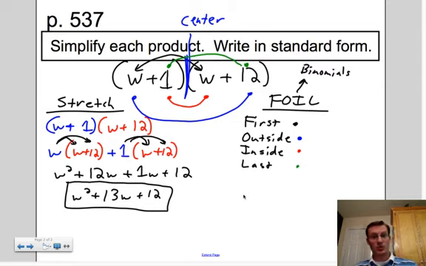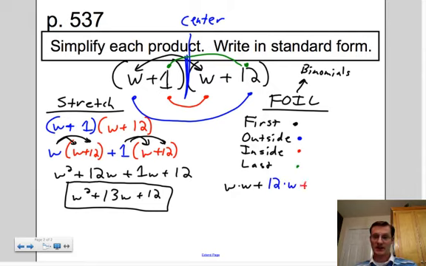Okay, and so we're going to go through first, outside, inside, last. The first 2 are w times w. Plus the outside are w times 12.